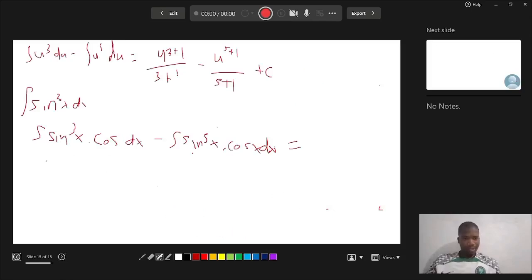So we say it is equal to sine to the power 4 x all over 4, minus sine to the power 6 x all over 6, right?